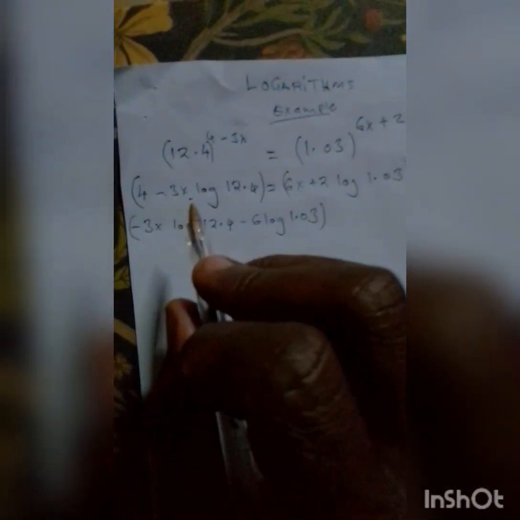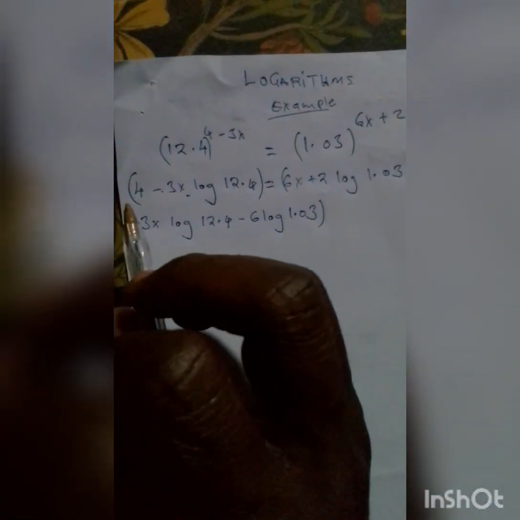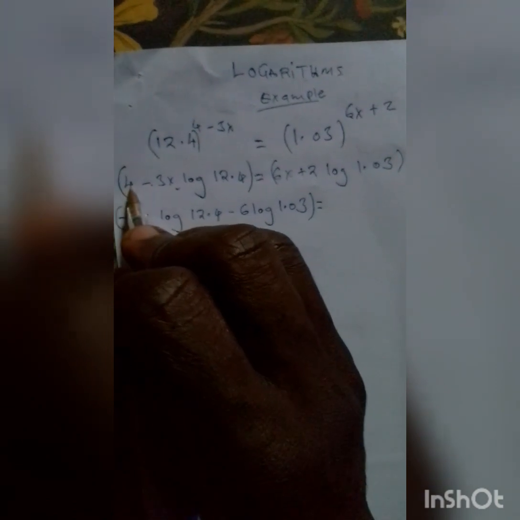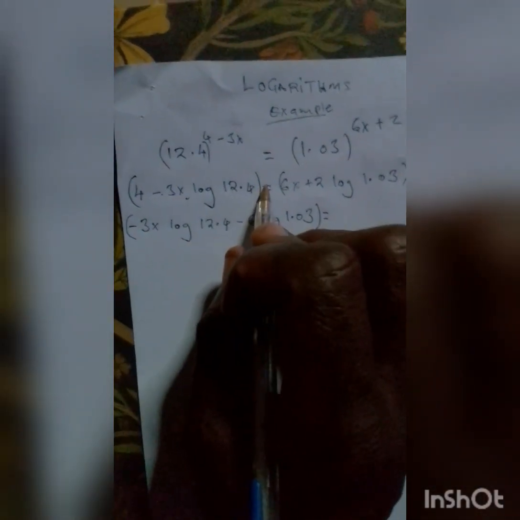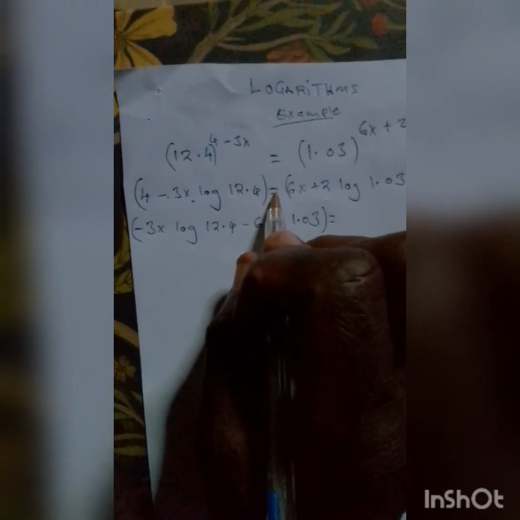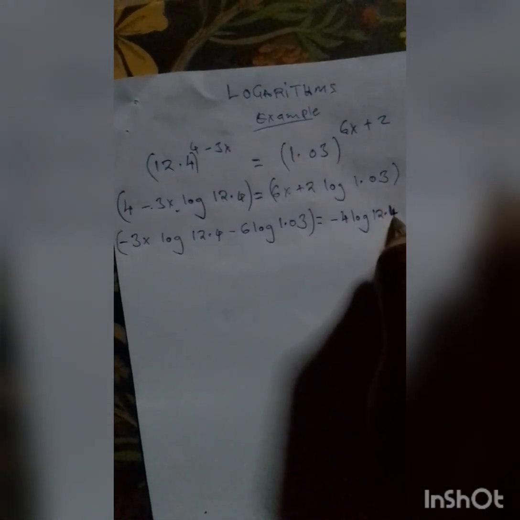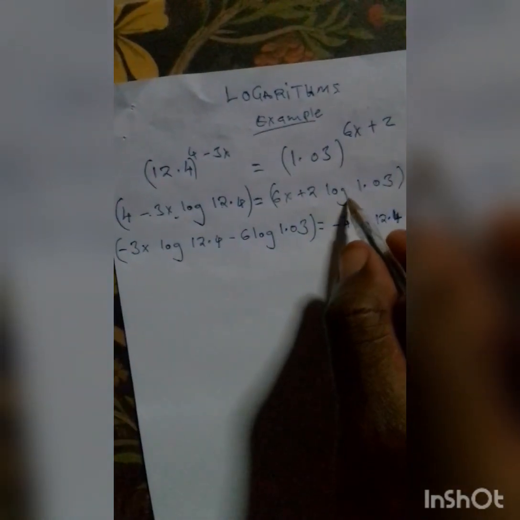Now you start picking the remaining thing. Here you put equals. This is 4, to the right hand side. When it crosses the equal sign, it will change into negative. It will be negative 4 log 12.4. The moment you write 12.4, you come to the right hand side.